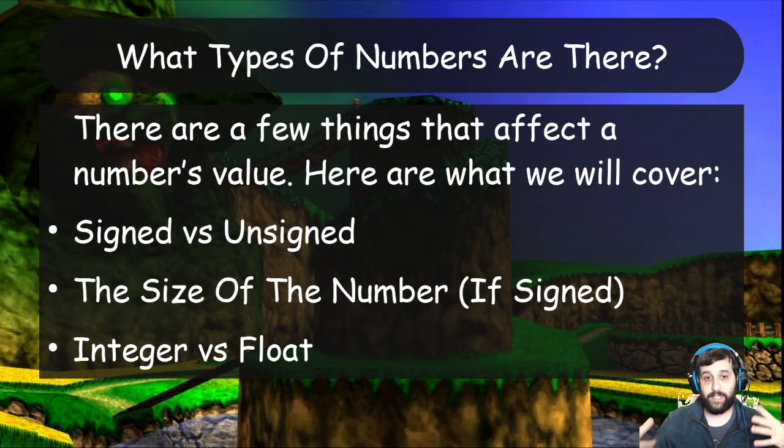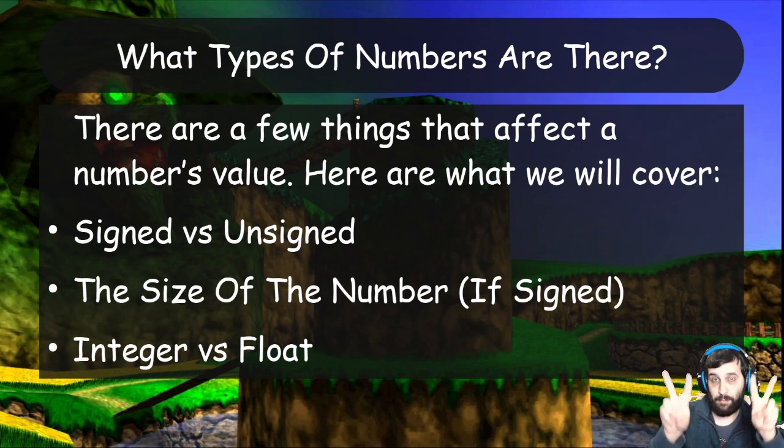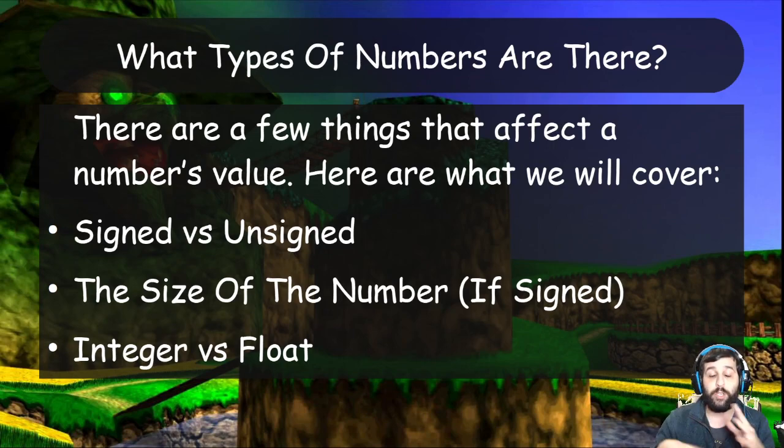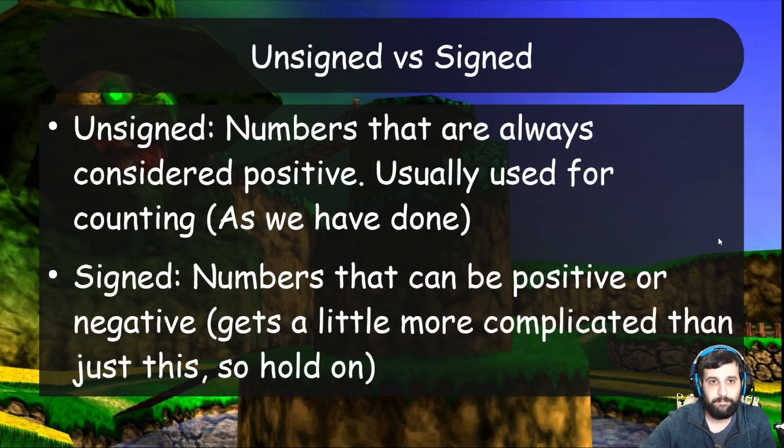Then integers versus floats. Integers are kind of what we've gone over. Floats are what you would think of as the typical decimal values, like 1.36. The point makes it a decimal. But in order to prevent confusion, I won't use the word decimal anymore. I will use the term fraction or float whenever we get there.